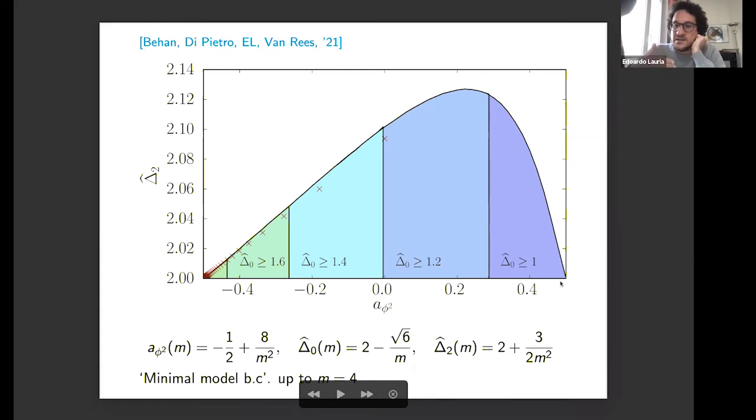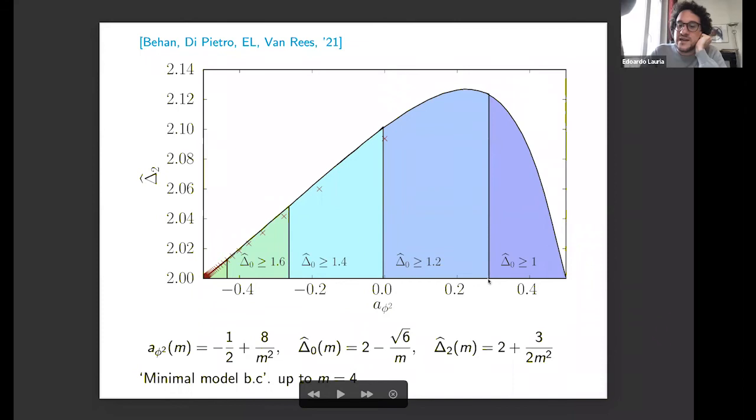So, I mean, this is just an indication. If you keep delta 0 bigger than 1, which is an assumption that works for all these minimal models up to m equals 4, the minimal value is m equals 3, you basically include all these minimal models.